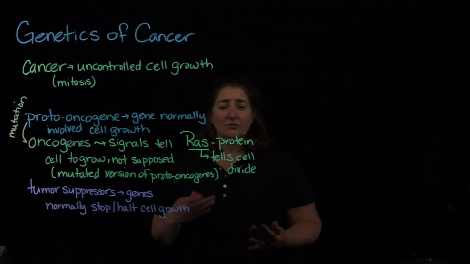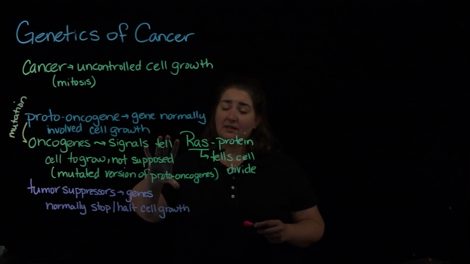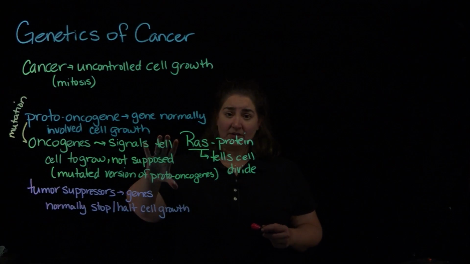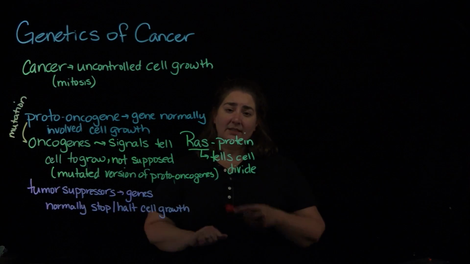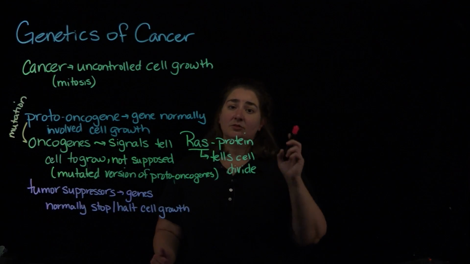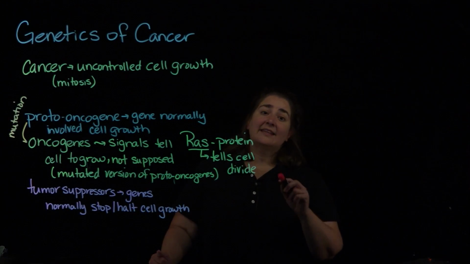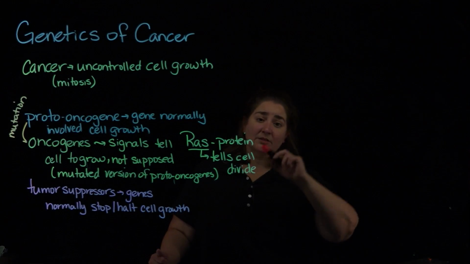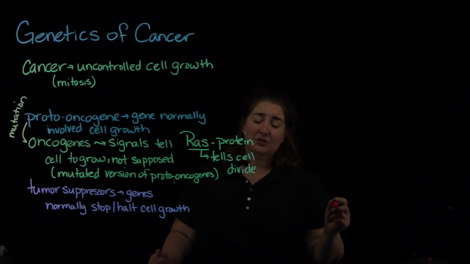Okay? So you've got kind of a balance going on in the body. If a cell gets mutated to an oncogene, it can be that as long as there's a normal tumor suppressor, that tumor suppressor says, no, stop, we're not supposed to divide, okay? And then what happens is there's going to be a whole other pathway that's activated that'll kind of take that cell out of commission.